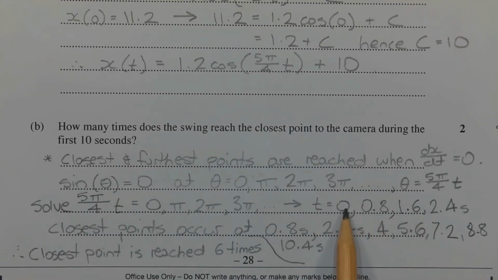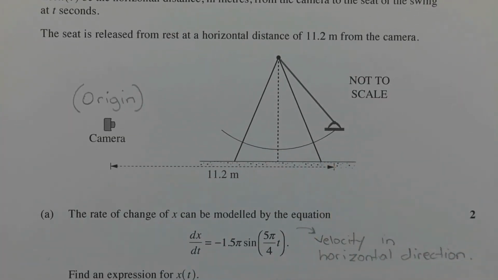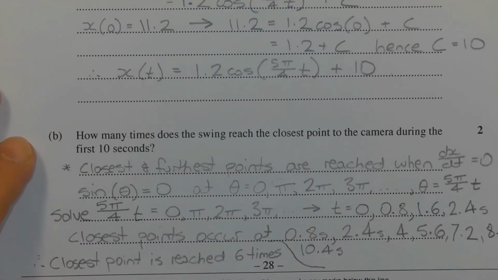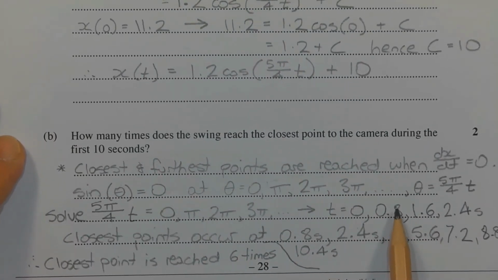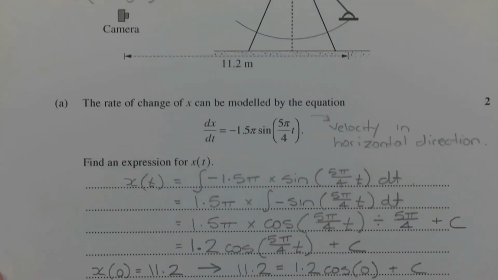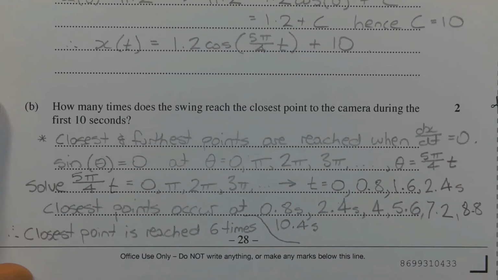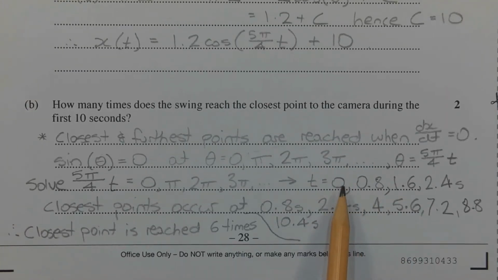Now at t equals 0, if we go back to the diagram, the swing is at its furthest point. At t equals 0.8, the swing is at the closest point, and it'll oscillate in that manner. So we've got furthest point, closest point, furthest point, closest point, and so on.